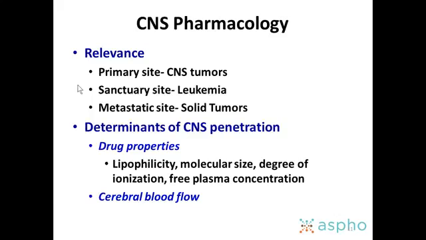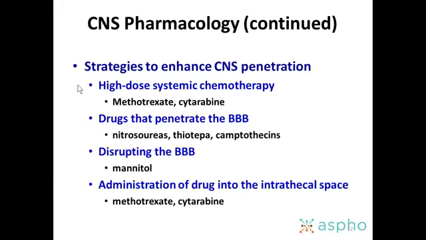There are a lot of determinants of CNS penetration, and the specific drug properties are lipophilicity, molecular size, decrease in ionization, and free plasma concentration, including cerebral blood flow. There are various strategies to enhance central nervous system penetration, and number one is using very high doses of chemotherapy. The classic examples are methotrexate and cytarabine.